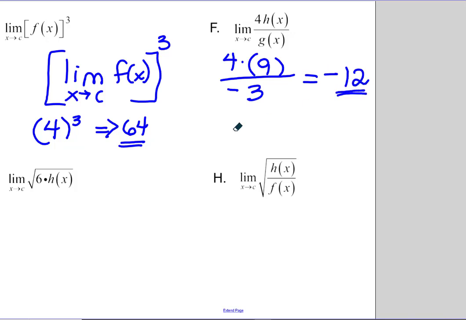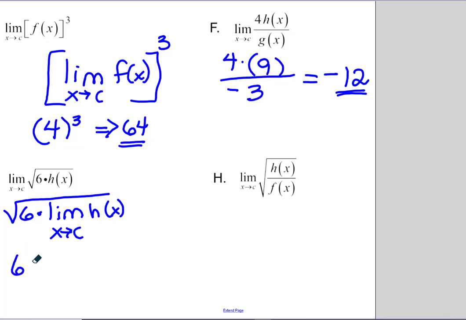And here we can bring the limit on the inside, so square root of 6 times the limit at c for h of x, and that limit was 9, so 6 times 9 is 54, or we can say the square root of 9 is 3, and 3 square roots of 6 would be our simplest form.